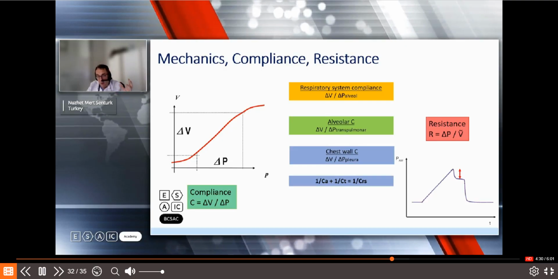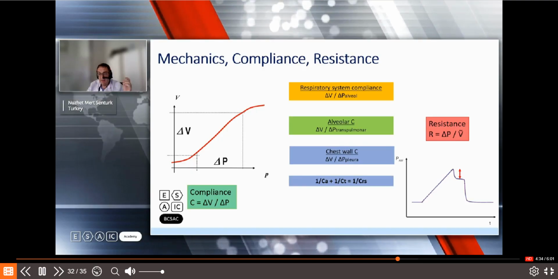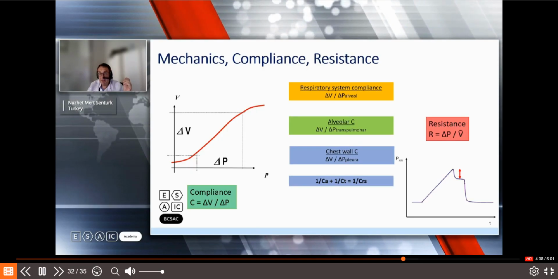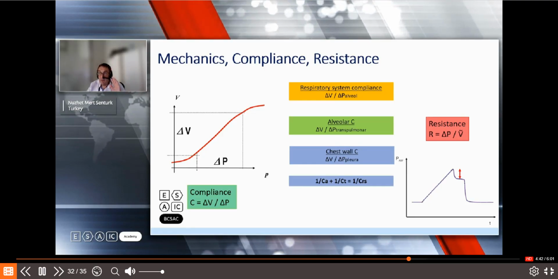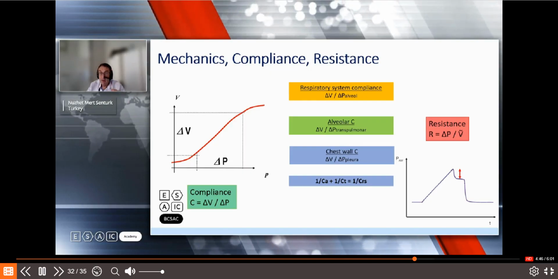For the flow, the peak airway pressure is responsible. Therefore, I look at the peak pressure and the plateau pressure, where there is no more flow, in the pause section of the inspirium.